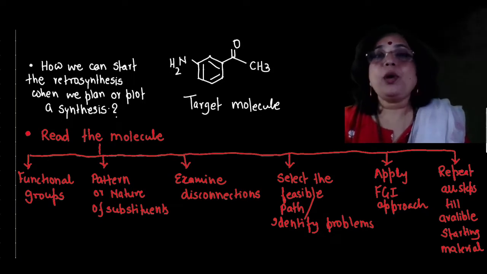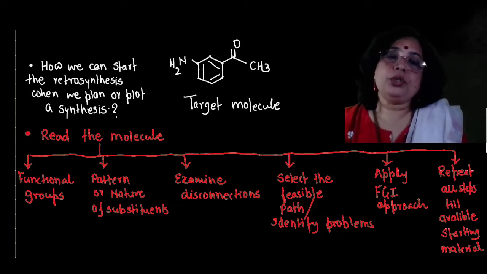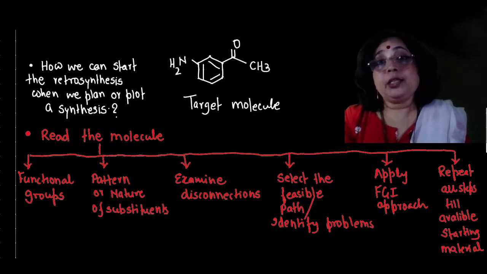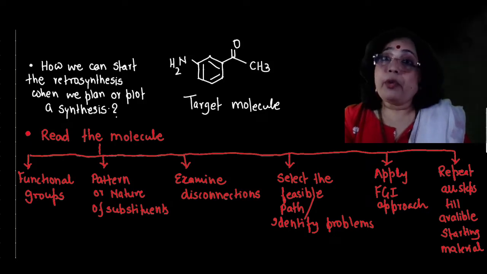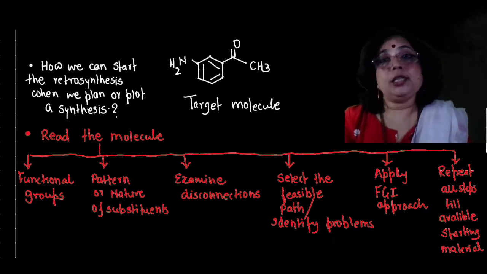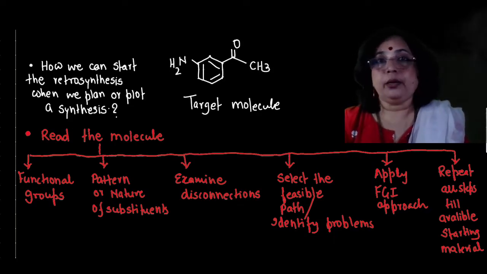Now, dear students, why is there a need to introduce the functional group interconversion concept or approach? Why does the disconnection approach fail in some chemical reactions? Where do we start when we plan a synthesis, or how can we start a retrosynthetic analysis? These are the various doubts in our mind.